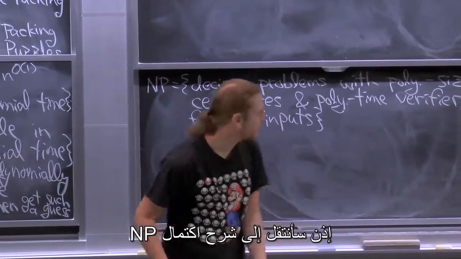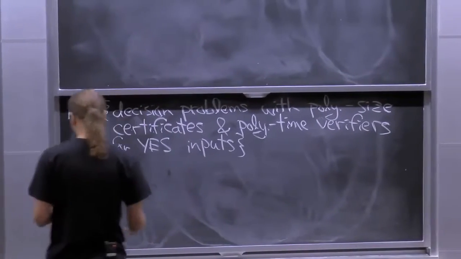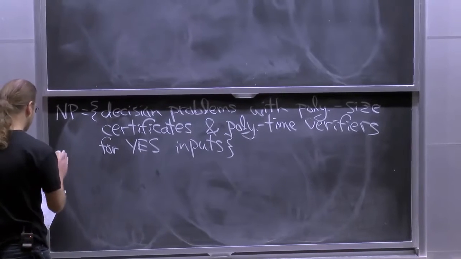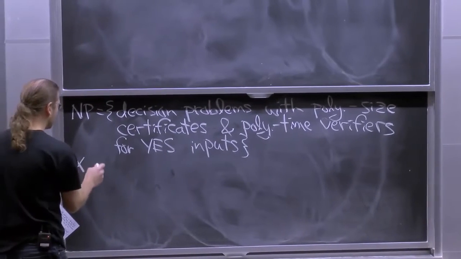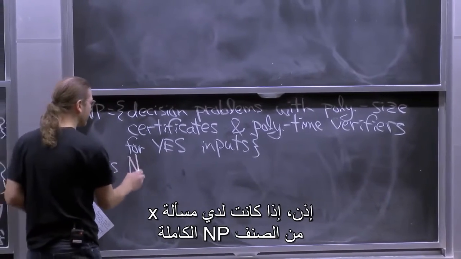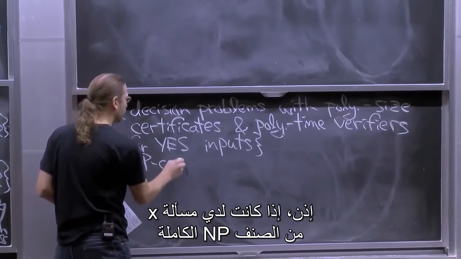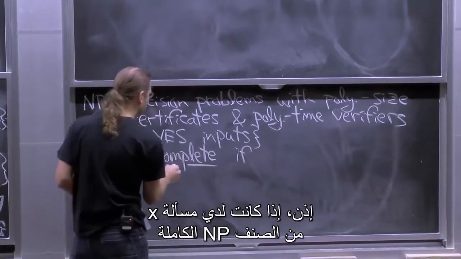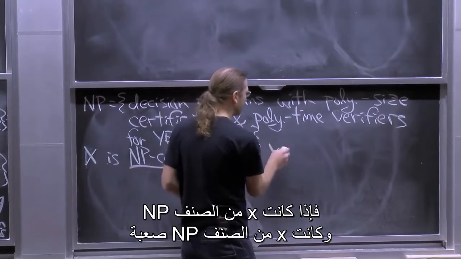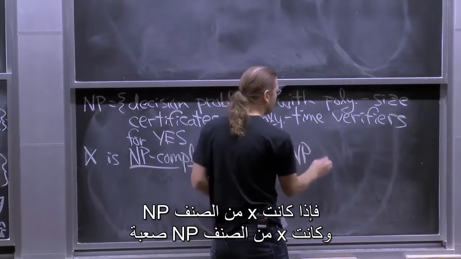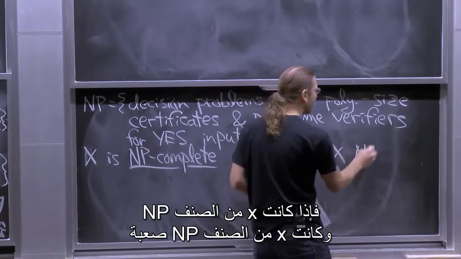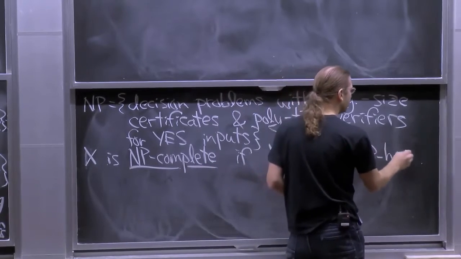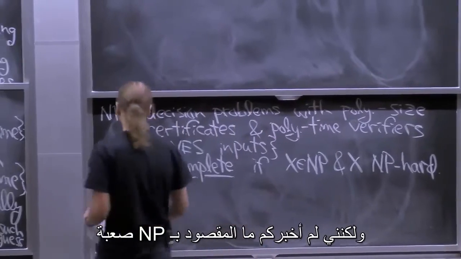So let me go to NP completeness. If I have a problem X, it's NP complete if X is in NP and X is NP hard. But I haven't told you what NP hard is.